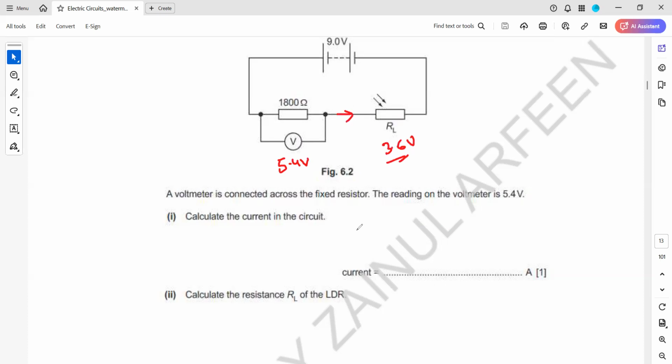And they will have the same current as they're connected in series. So if the current which flows through the first one was 3 milliamperes, the current flowing through the second component is also 3 milliamperes. So resistance is the ratio between voltage and current. Voltage is 3.6 and the current is 3 milliamperes. So it's 1200 ohms.